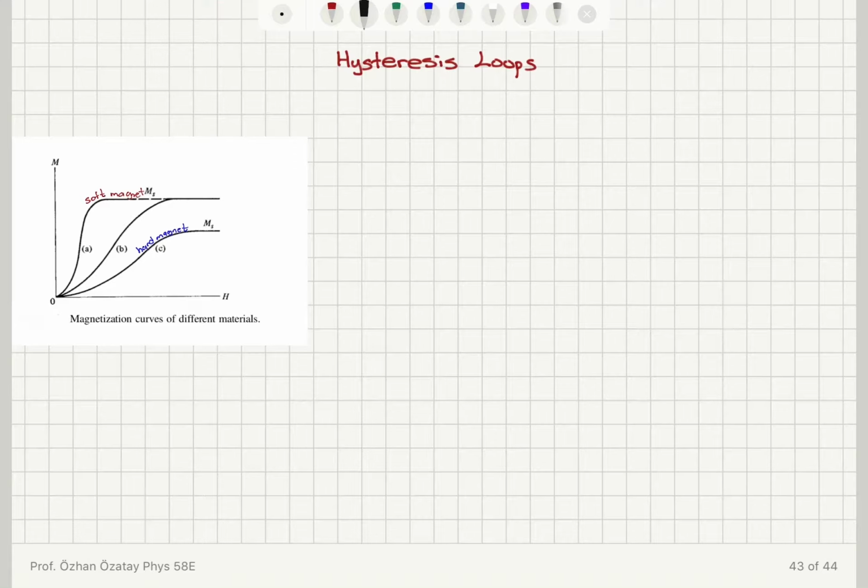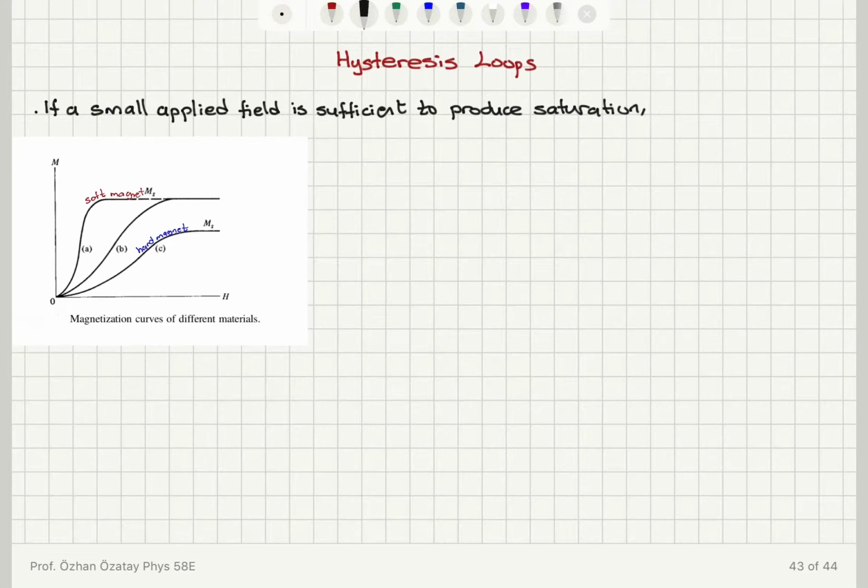So we can say that if a small applied field is sufficient to produce saturation, the material is said to be magnetically soft.